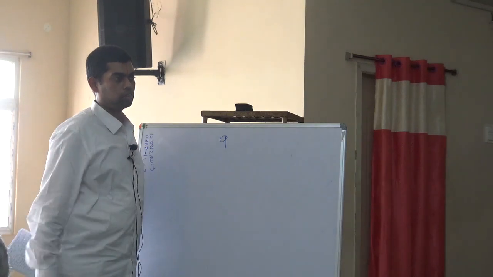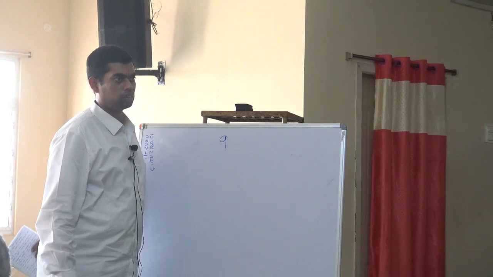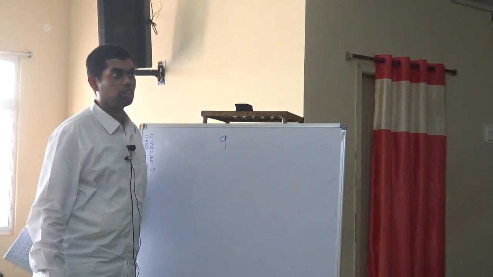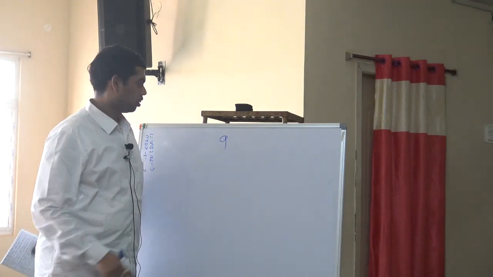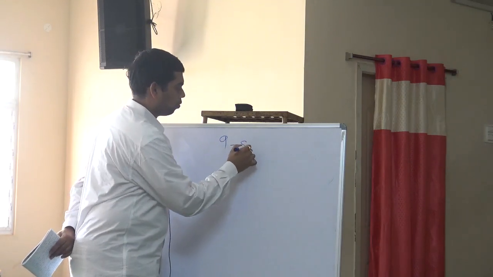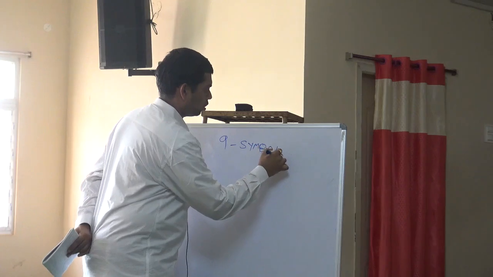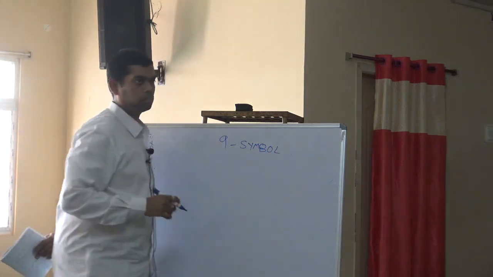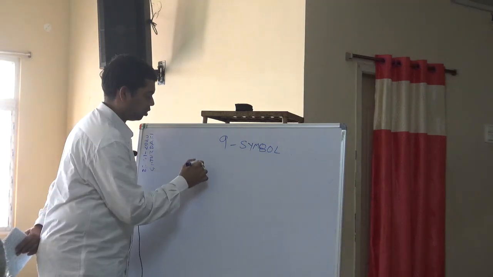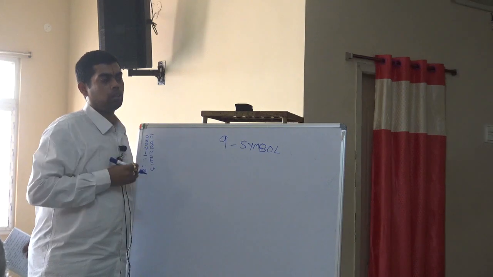What is this? Числа и цифры. What is this? Цифра. This is 9. This is the symbol of 9. То есть когда мы пишем 9, это символ 9. Цифра 9 является символом числа 9.